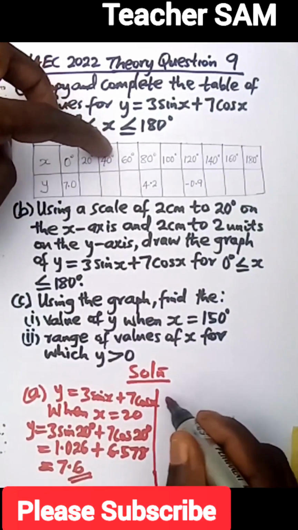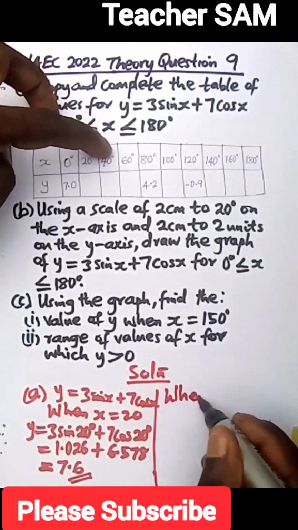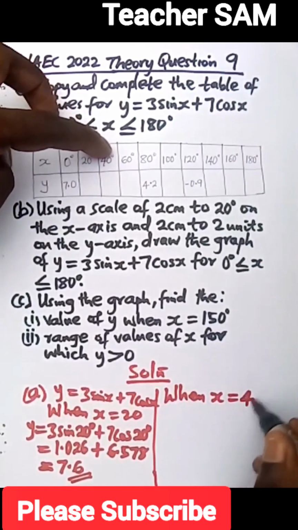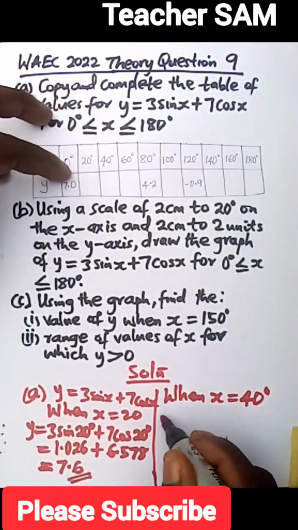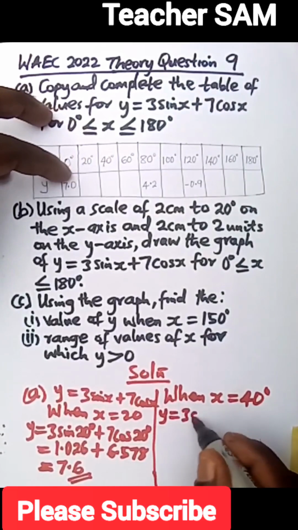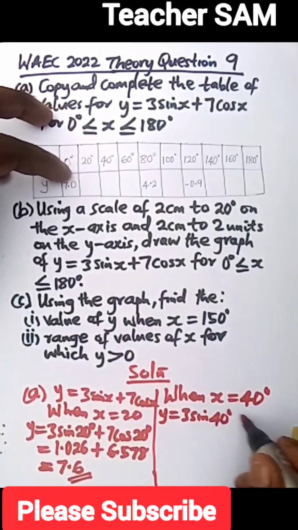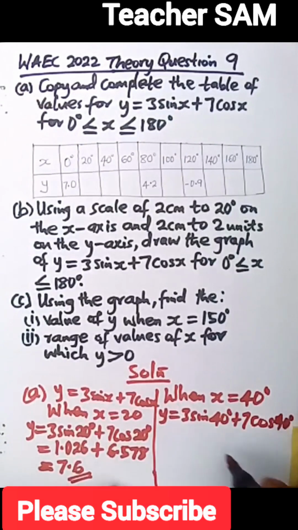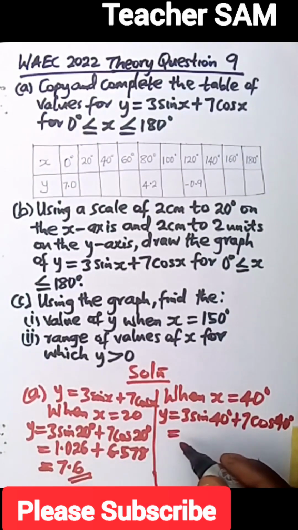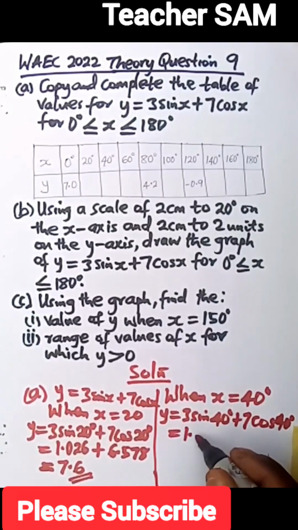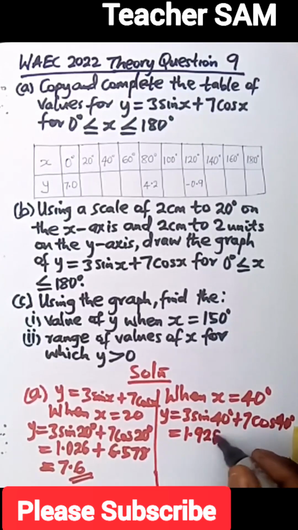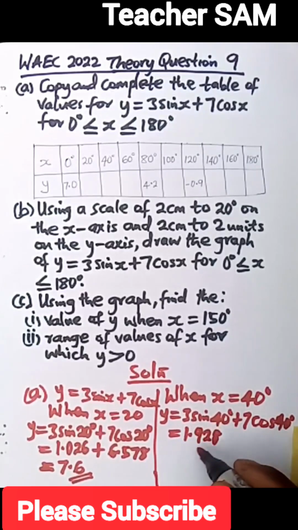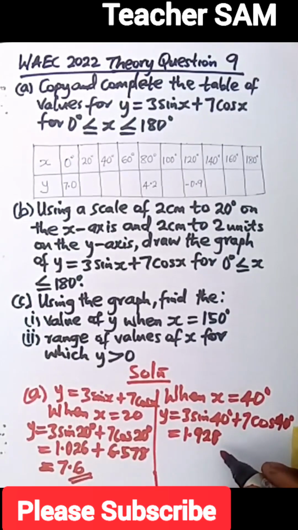Now for 40, when x is equal to 40 degrees, our y will be equal to 3 sine 40 degrees plus 7 cos 40 degrees. Now 3 sine 40 degrees gives us 1.928, just multiply 3 by sine 40 degrees, to 3 decimal places.